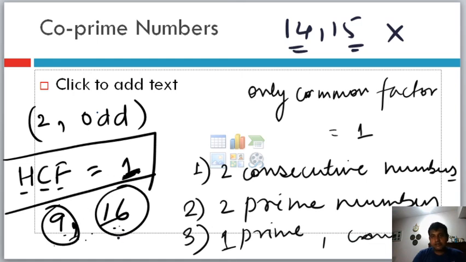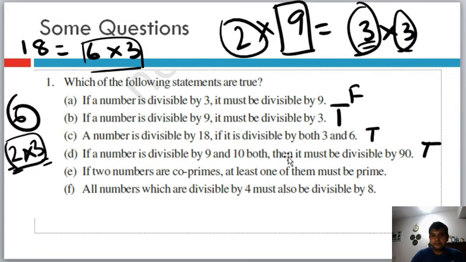But then we also talked about, besides consecutive numbers, there can be two composite numbers which are co-prime. And therefore it is false, right? It is not necessary that if two numbers are co-prime, one of them has to be prime. Numbers can be co-prime without even one of them being prime. So this is false.